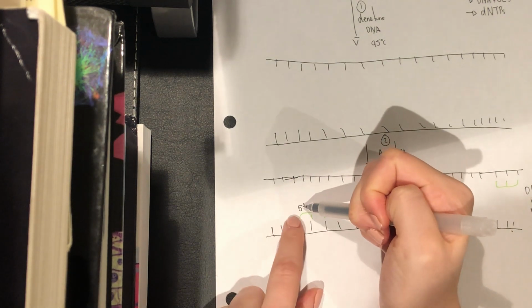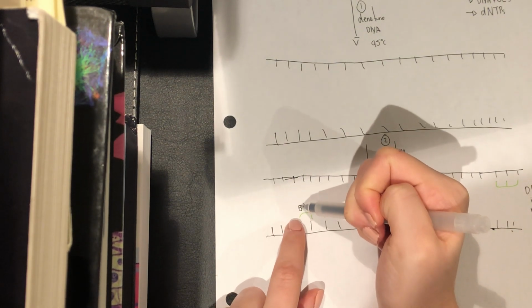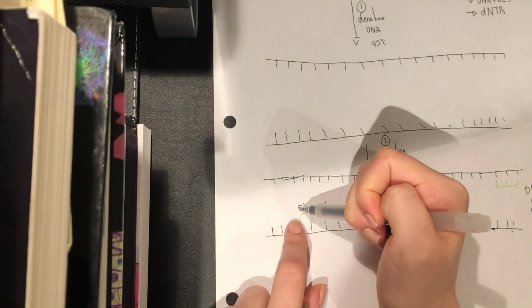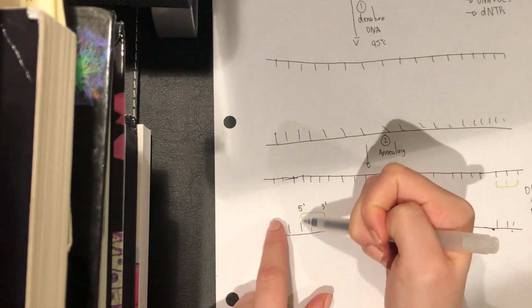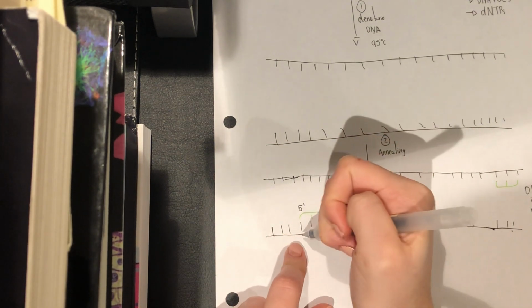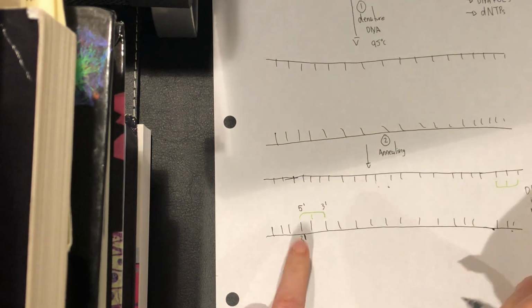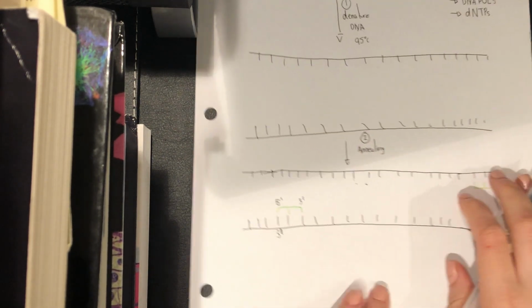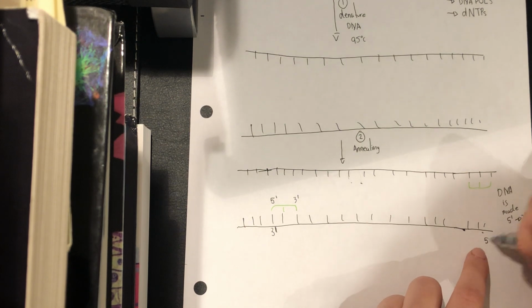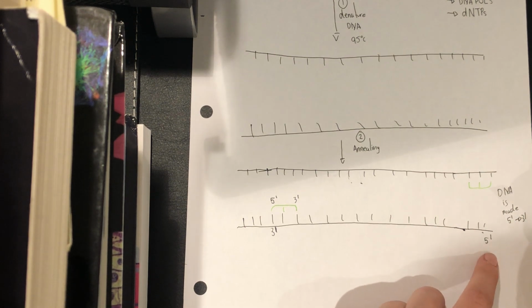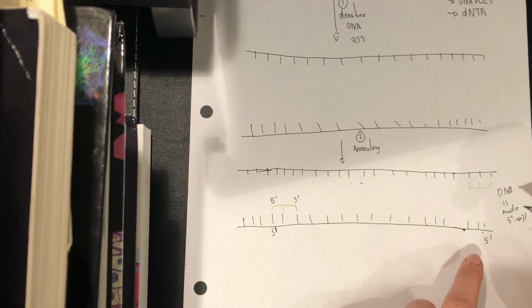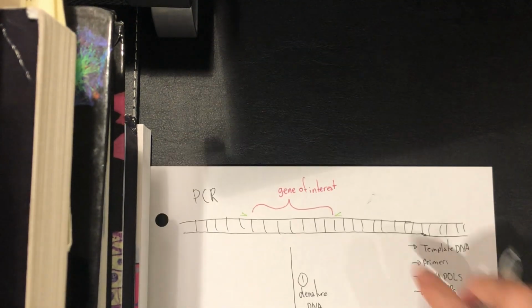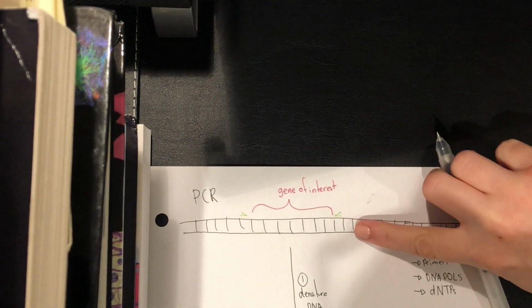So if this primer starts with the 5' end here, because DNA is always made anti-parallel, that would mean that this side of the strand is the 3' end, while this over here, towards this way, is going to be the 5' end. Similarly, if this is your right primer, it's going to be going that way, right?